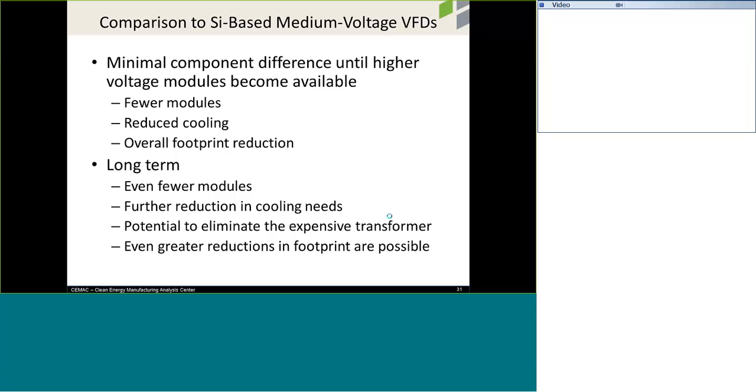It is possible for the silicon carbide power modules to eliminate the transformer, and since the transformer was a significant piece of the drive cost, that is an exciting opportunity, and that would then even further reduce the footprint of the drive.